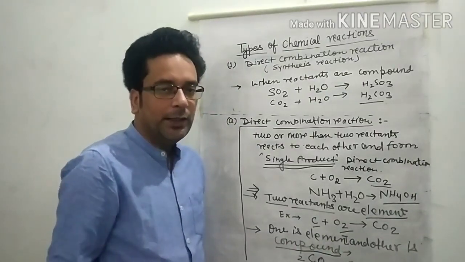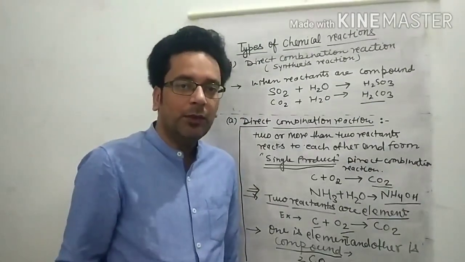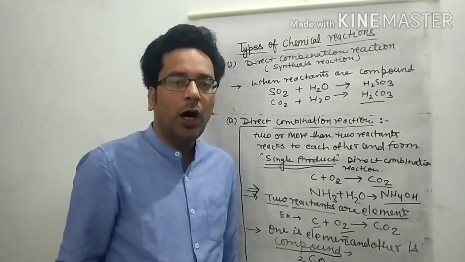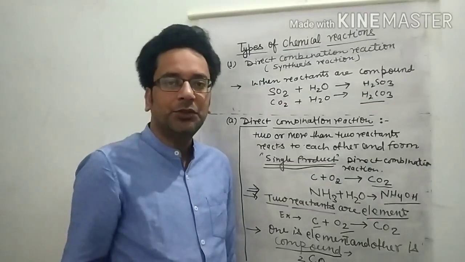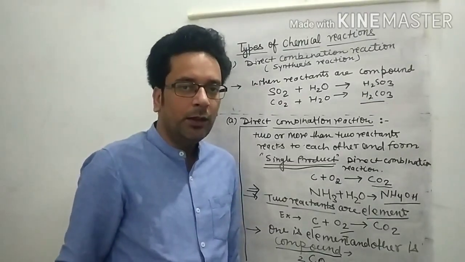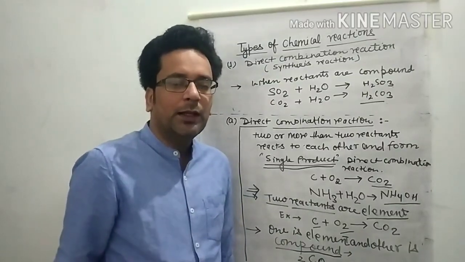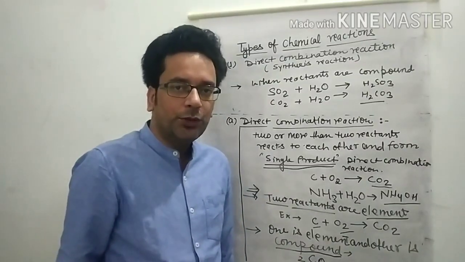What is direct combination reaction? It is a type of chemical reaction in which two or more reactants react to each other and form a single product. Combination reaction is further classified into three groups.